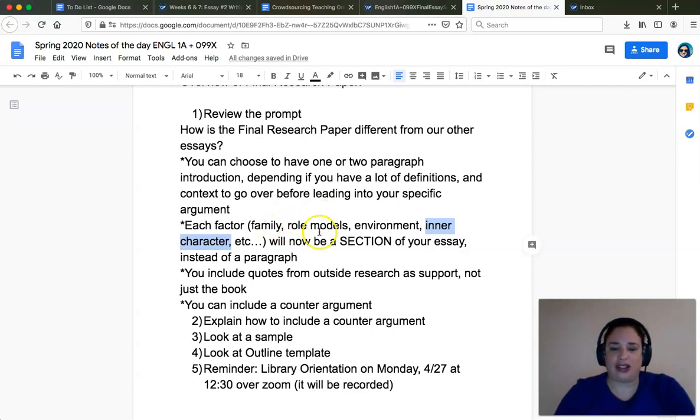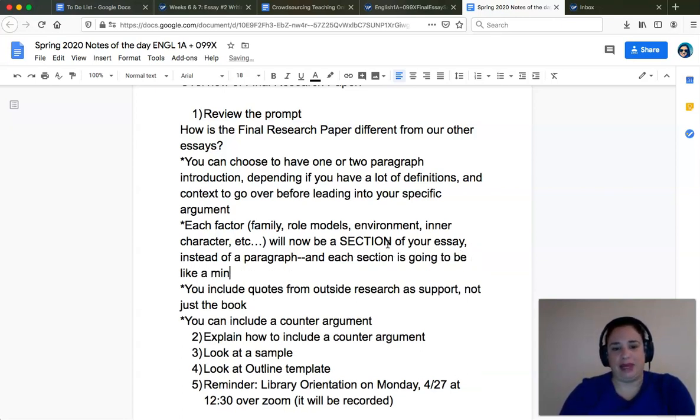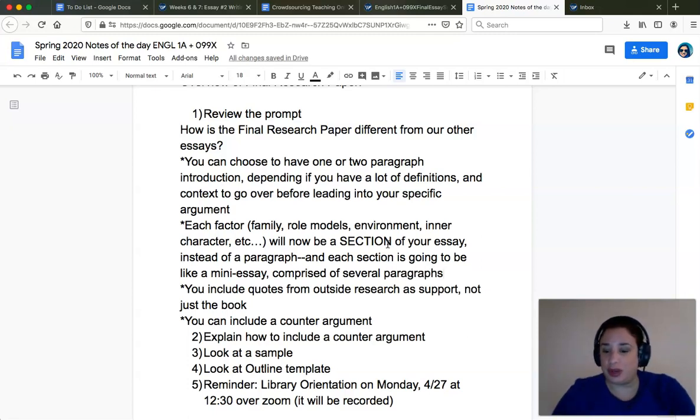Each of these factors will now be a section of your essay instead of a paragraph. And each section is going to be like a mini essay comprised of several paragraphs. So you're basically just going to write more about each factor.